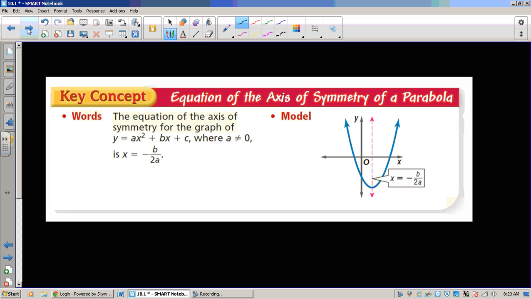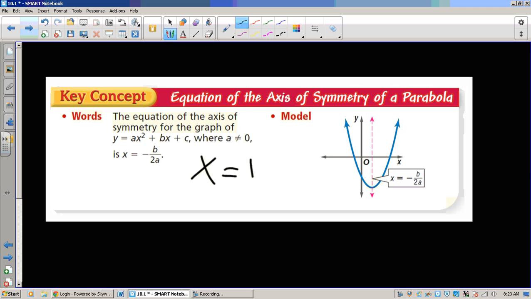When x equals something, like if x equals 1, what kind of line is that going to be? Perpendicular? No matter what x equals, it's going to be a vertical line.